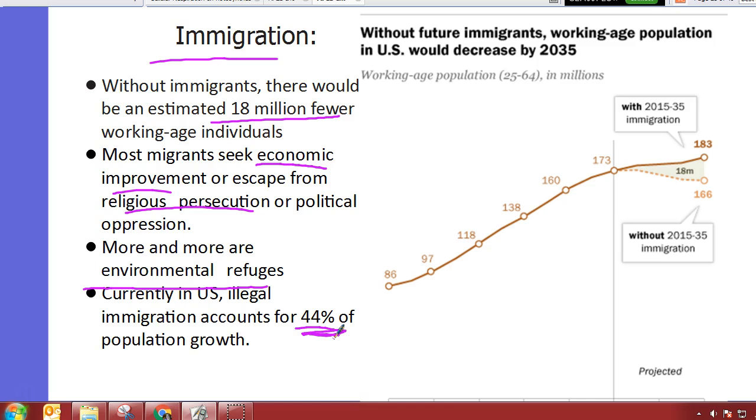There are heated debates over whether that's good or bad or all of the above. So it's just showing you that the immigration in the U.S. is especially prevalent, more so than in other countries, and that has to do with the whole American dream. So with immigration, this is a projected population.